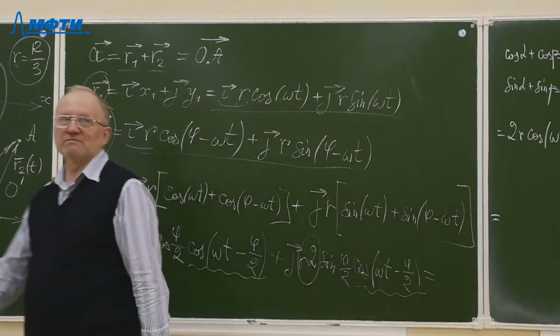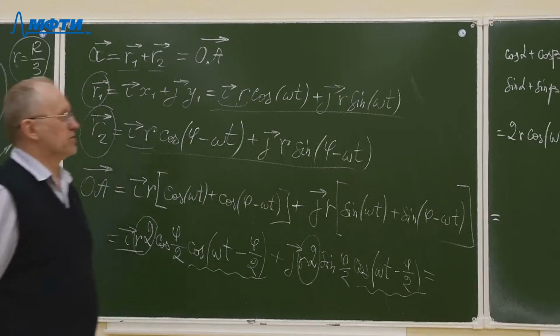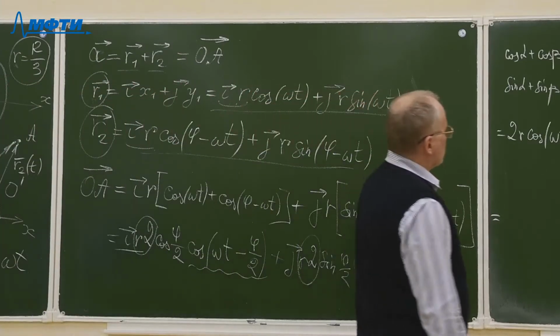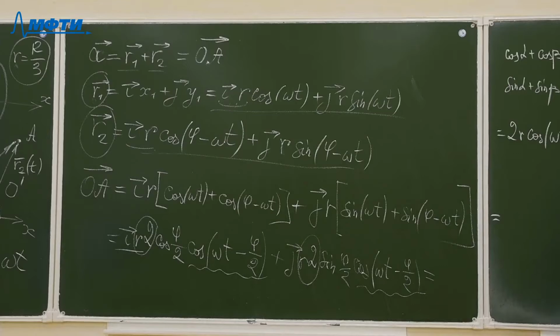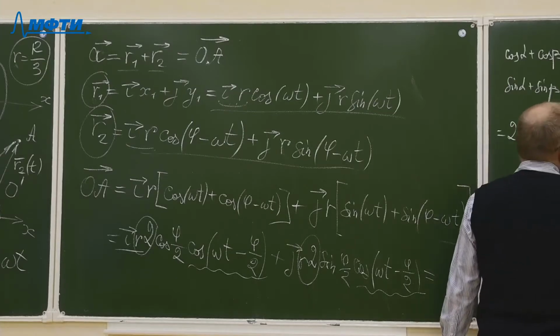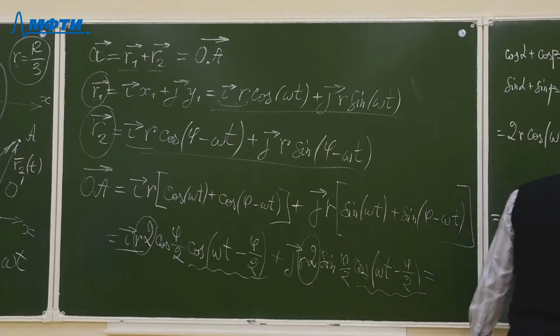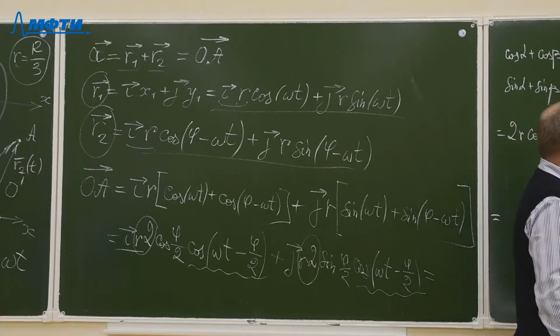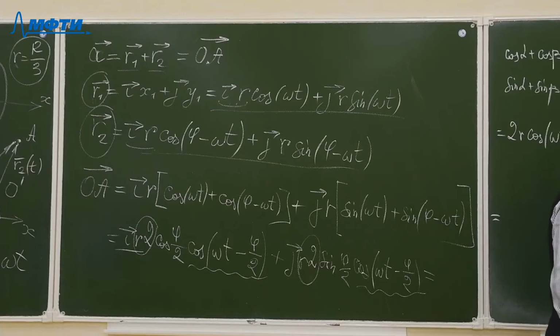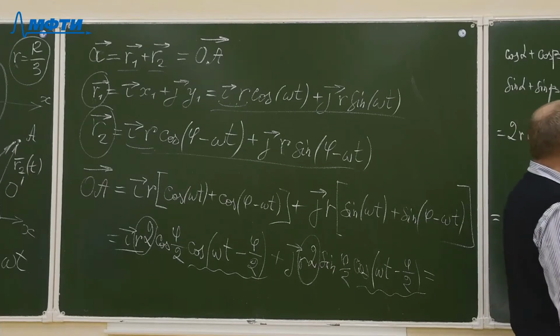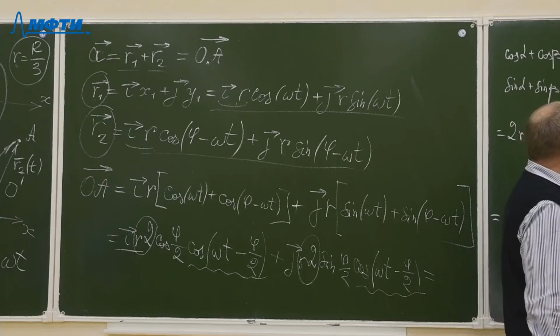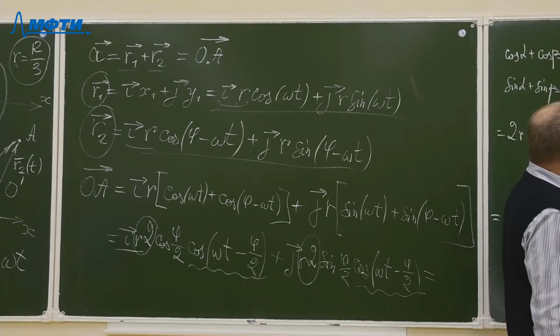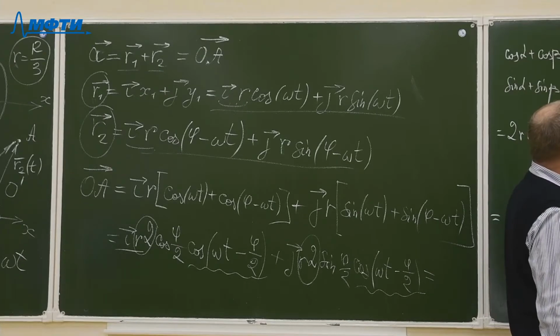Those are simple algebraic transformations. Now it's very easy to understand what all of it is. What is in square brackets? Some vector. First of all, does it depend on time? No, this is a constant vector. What is this vector? For example, what is its length?